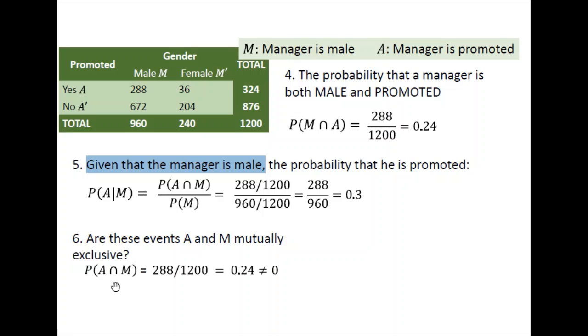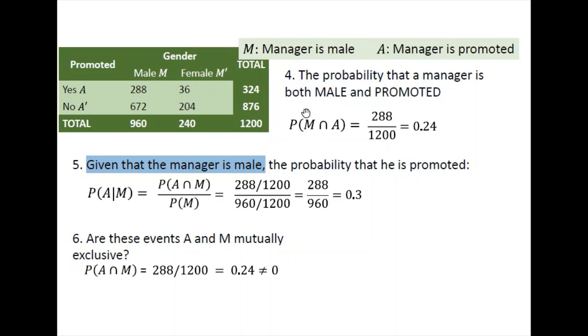And according to proposition 1, we know that the probability of an empty event is 0. So the probability of the intersection A and M should be 0 if they are mutually exclusive.